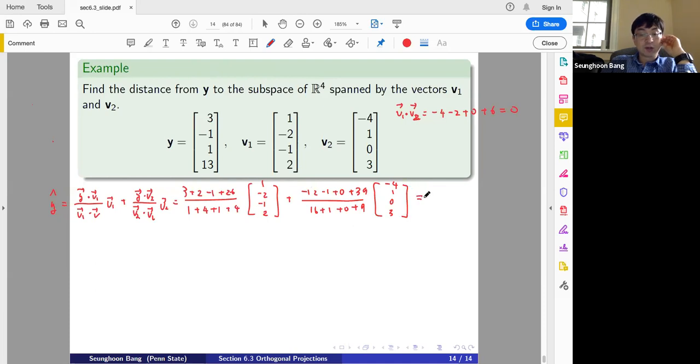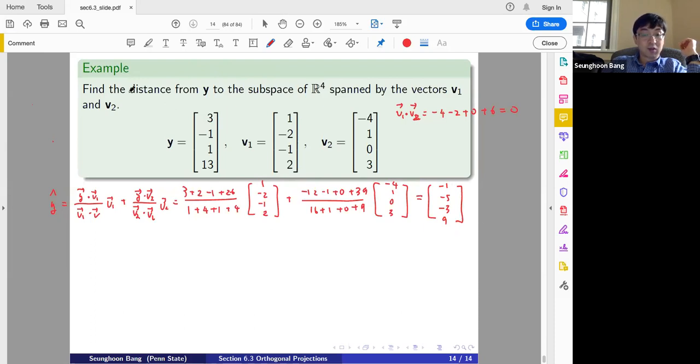Then calculate. So what's that? You can calculate. The calculation is exactly the same as the example. The answer is -1, -5, -3, and 9. We have it.